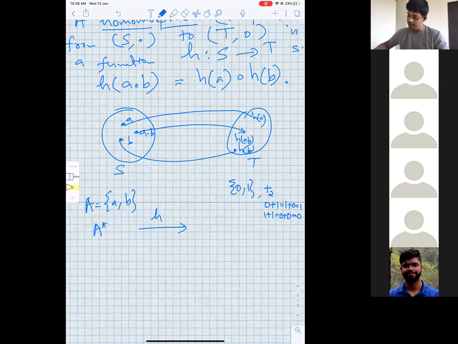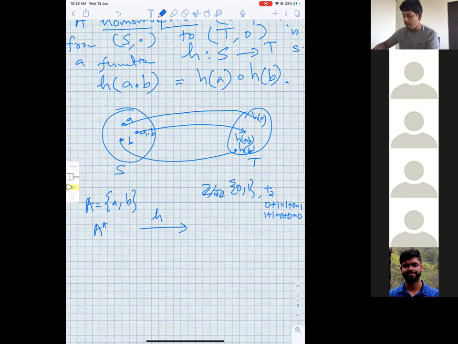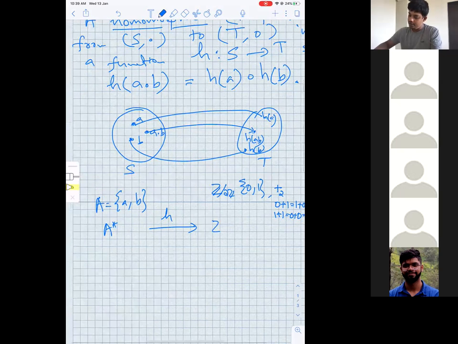So now this one I can call Z mod 2Z. That's the standard notation. The notation comes from ring theory, but this is the standard notation we use for this. So addition modulo n will be Z mod nZ.